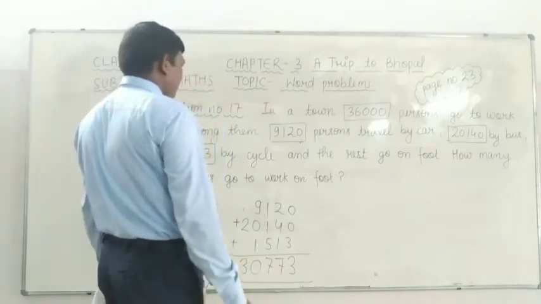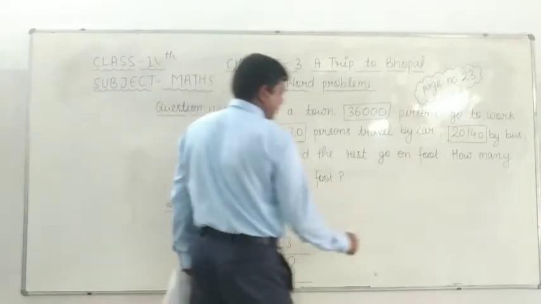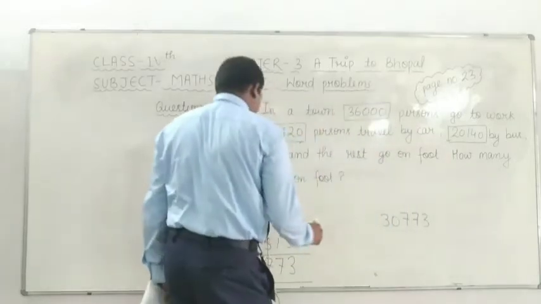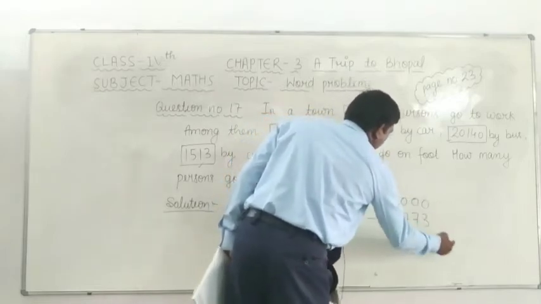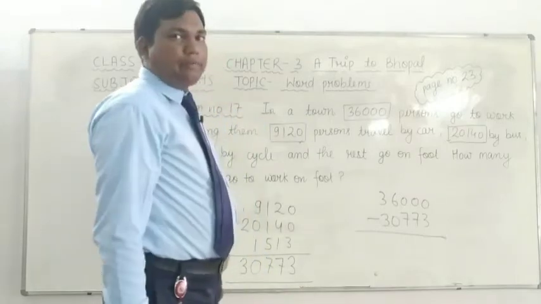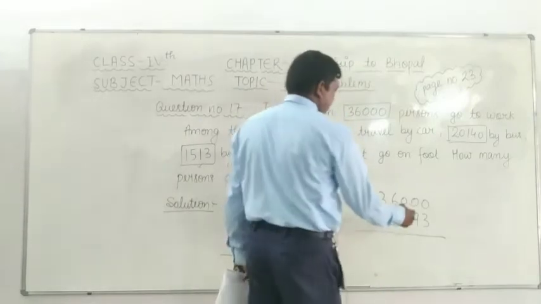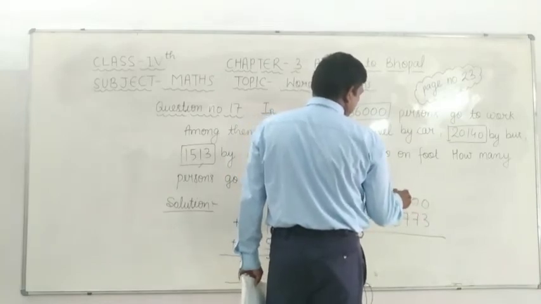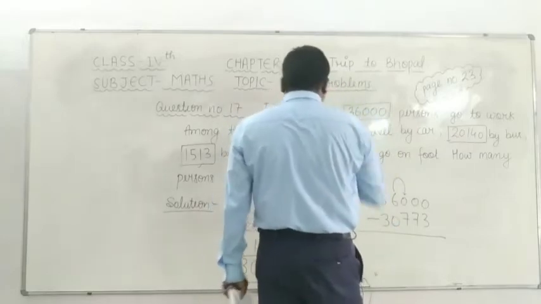Again we have to subtract 30,773 from 36,000. After subtracting these we get the total number of persons who go to work on foot. Now let's start the subtraction. Look here carefully: here are 0, 0, 0. We take one borrow from 6, and this 0 makes 10.